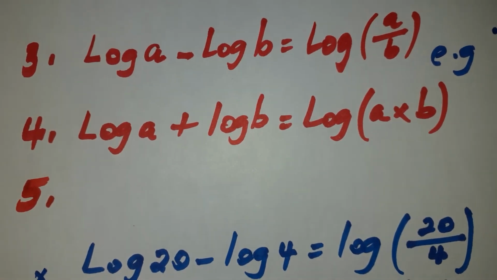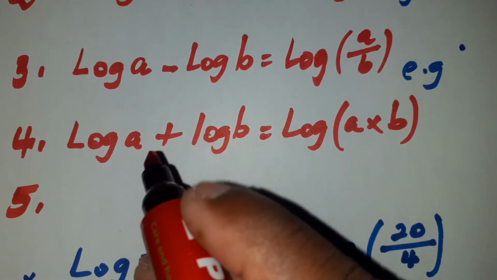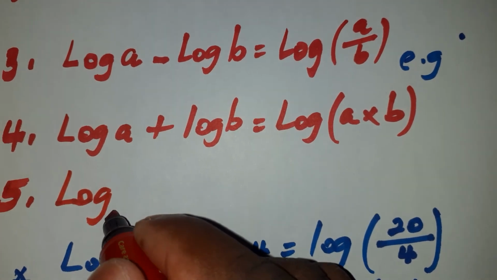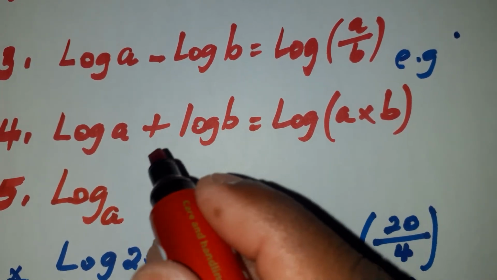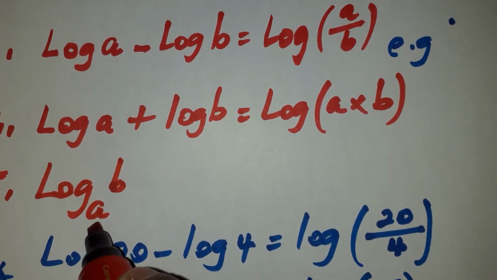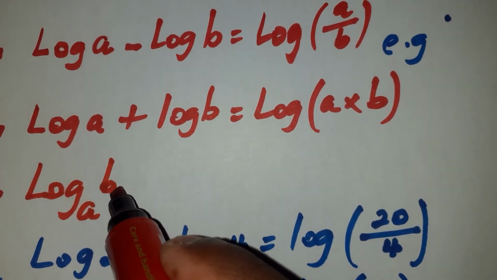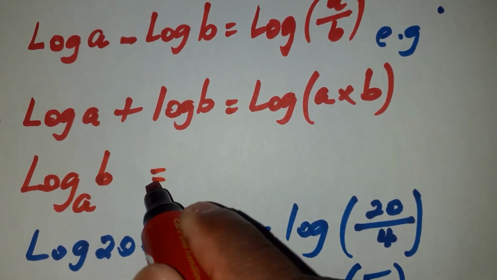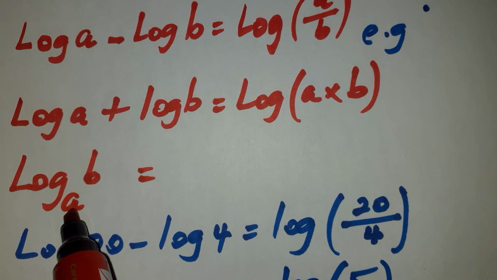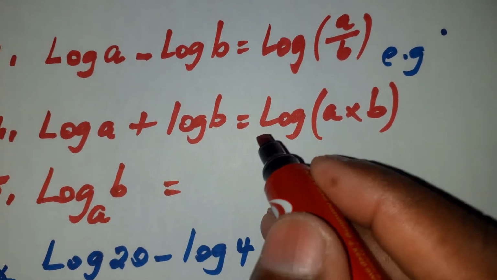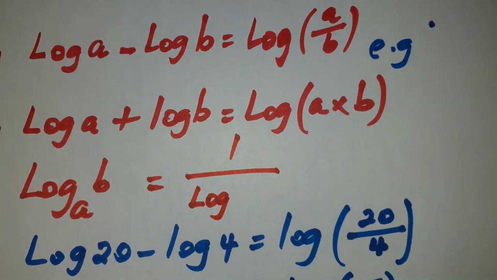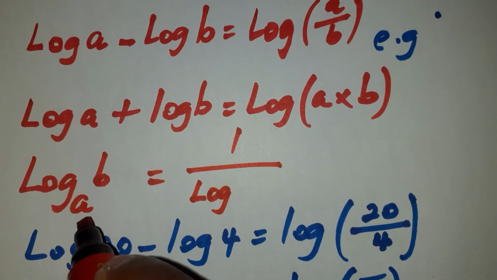Suppose you have log of base B raised to the power, log of base A raised to the power B. Now this one is normally used when you want to change the base from A to B. Now what we do, this becomes 1 over log of, instead of A, we are changing the base.